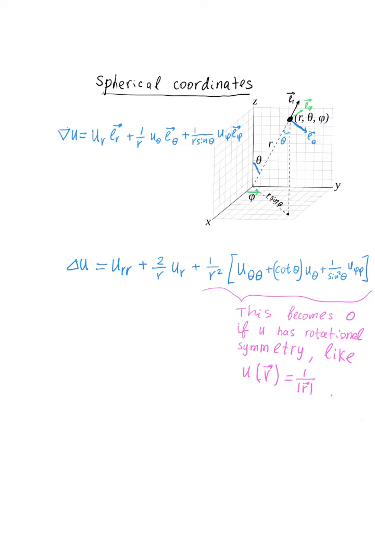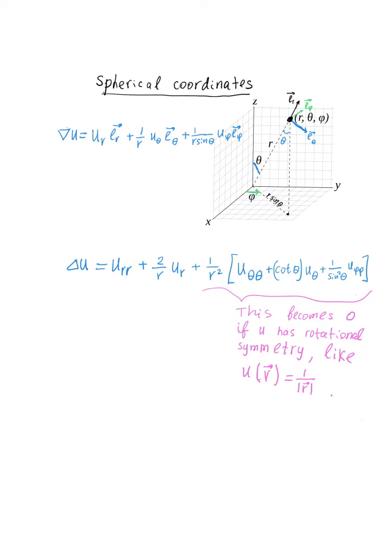Now, the expression for the Laplacian looks a bit convoluted, but in fact it has many familiar terms which we've seen in polar coordinates. Namely, we have the second partial derivative with respect to r. We have the second partial derivative with respect to theta divided by r squared.